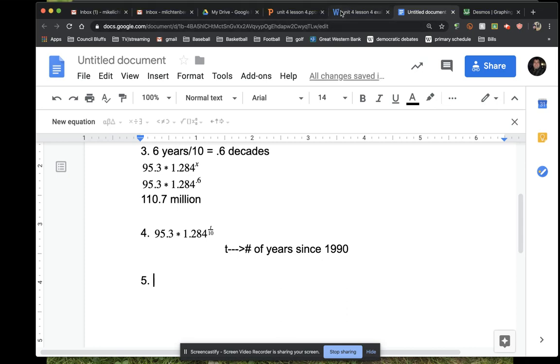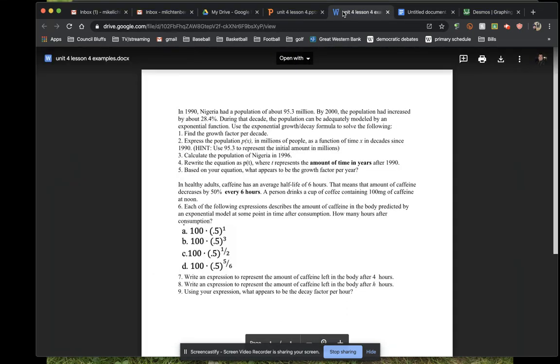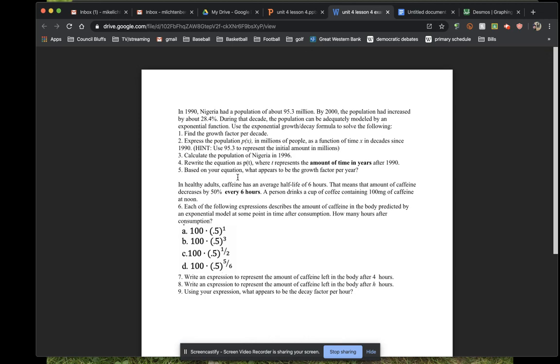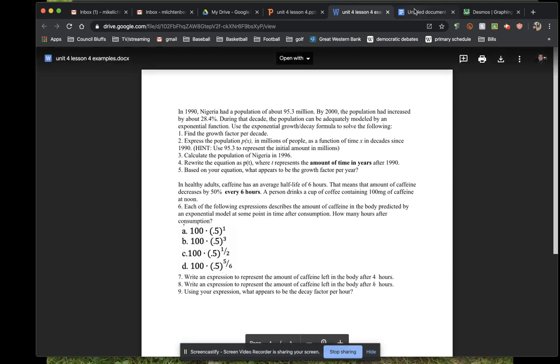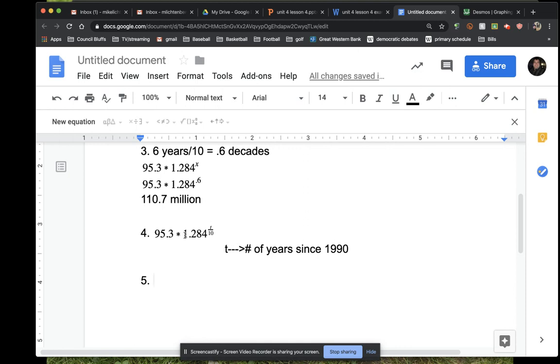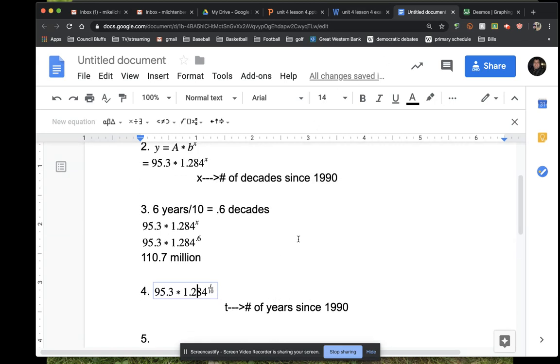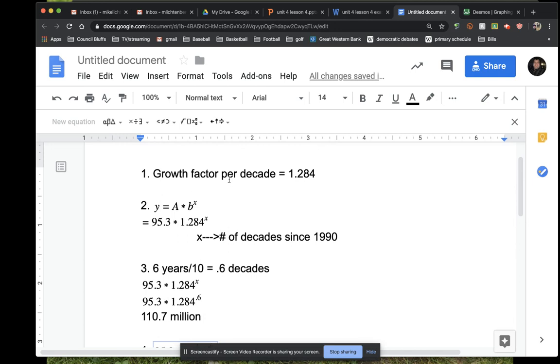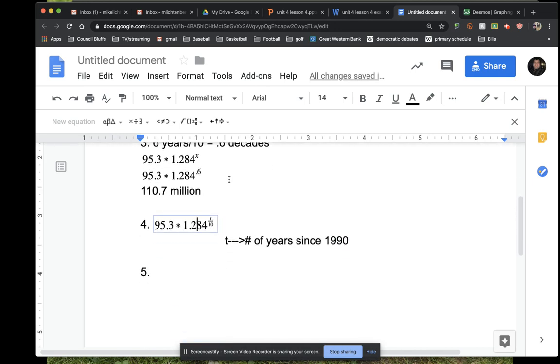And then to finish out that section, number 5, based on your equation, what appears to be the growth factor per year? Now, the way it's currently written, the growth factor would appear to be 1.284, and we know that's not true. We know that 1.284 is the growth factor per decade, so it cannot be the growth factor per year.